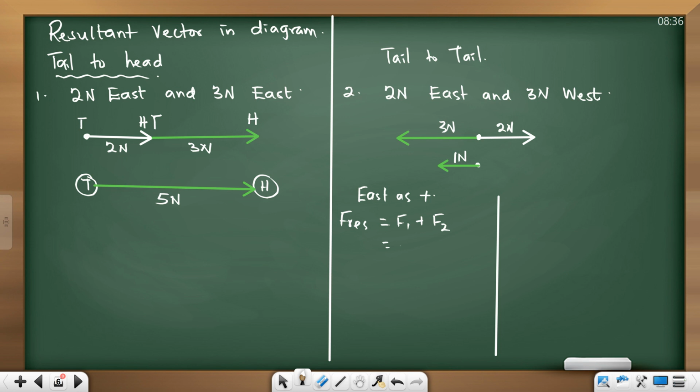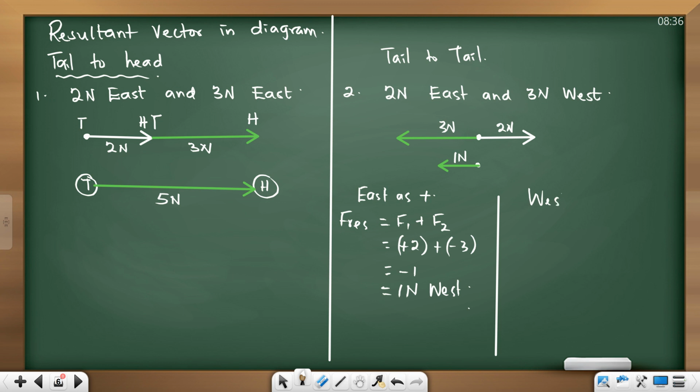Since east is positive, positive 2 plus, west is negative. What's your answer? Negative 1. Now, which one is negative? We said east is positive. So, what is negative? West. There we go.